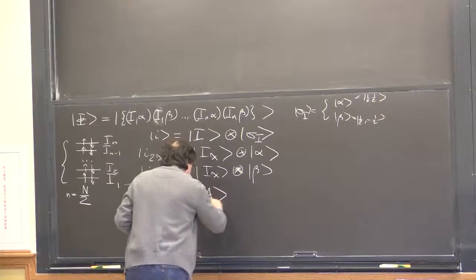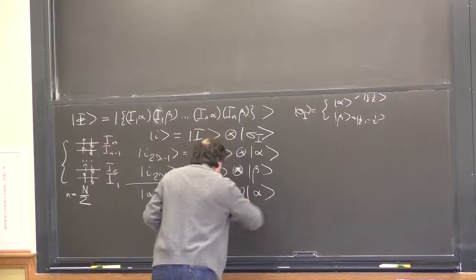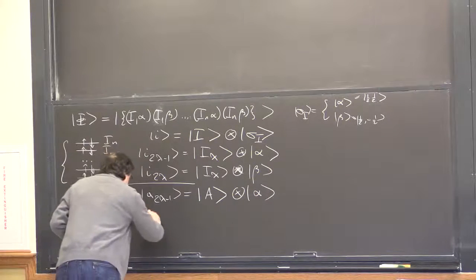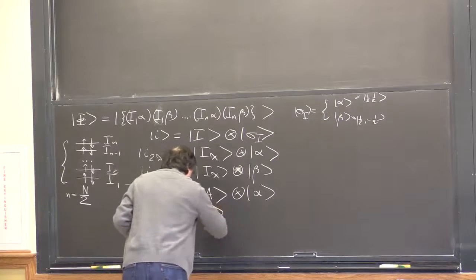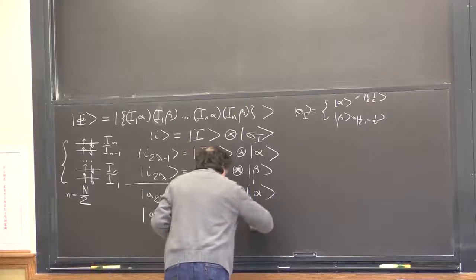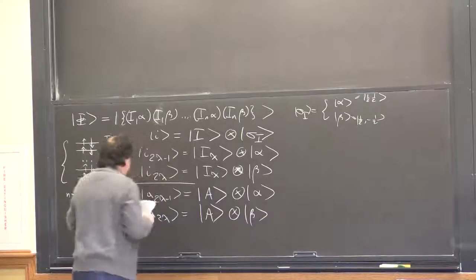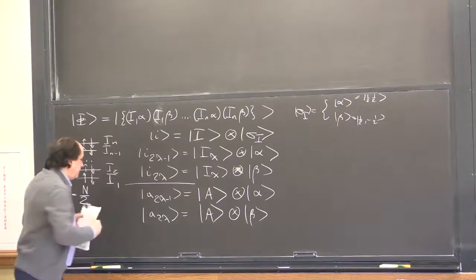So here we have a spatial function capital A times the alpha spin function, and then here we have an orbital A multiplying the beta spin function, and those will be the spin orbitals labeled with even indices.